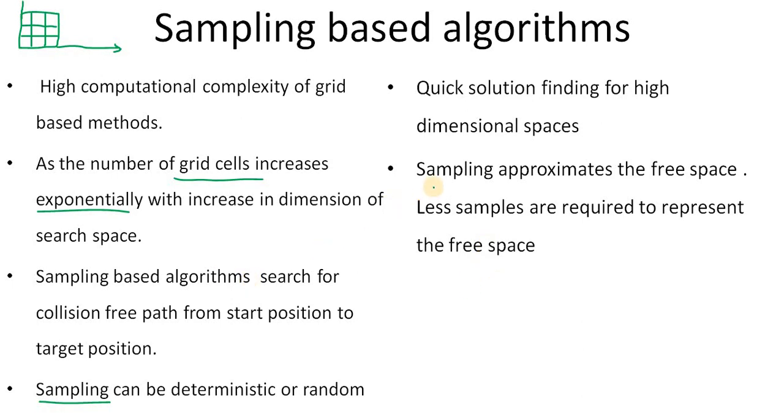So what sampling exactly does is it approximates your free space. In your environment, you remember, we have some obstacle space and then we have free space. So let's say this is our obstacle here, and this is our free space.